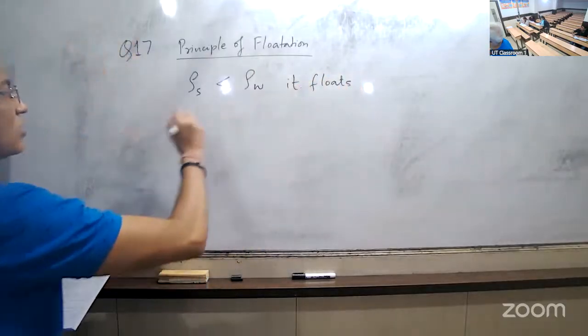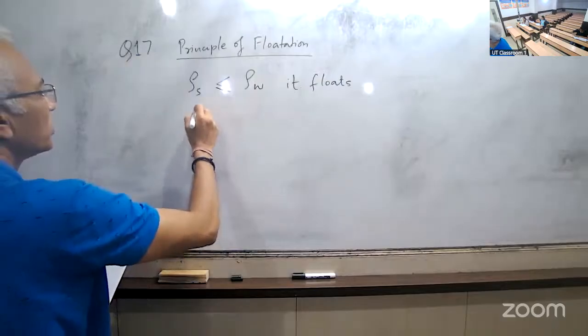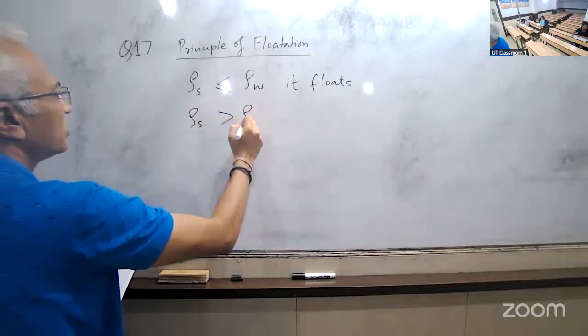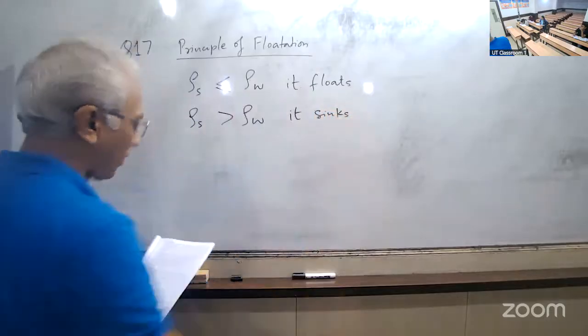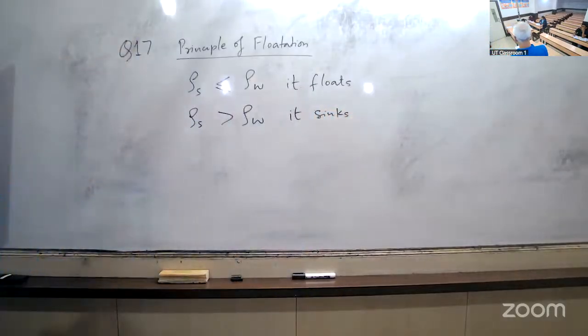Okay, less than or equal to. If the density of a substance is greater than the density of water, it sinks. This is the principle. Now, a piece of iron sinks in water because its density is more than water. But a ship made of iron floats. Why is it so?